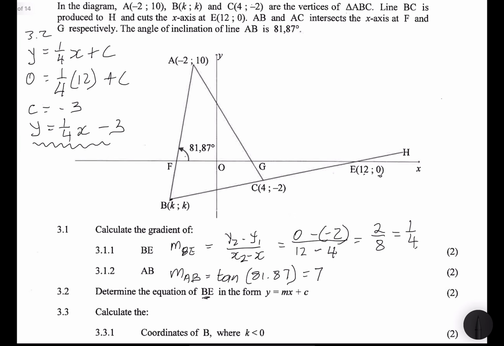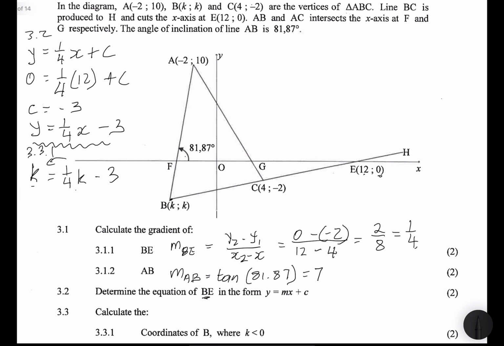We know that when x is K, y is also K. So let's substitute the values of K and K, answering 3.3.1. K is equal to a quarter of K minus 3, since x is K and y is K. If I take that, I've got two like terms, K and a quarter of K.